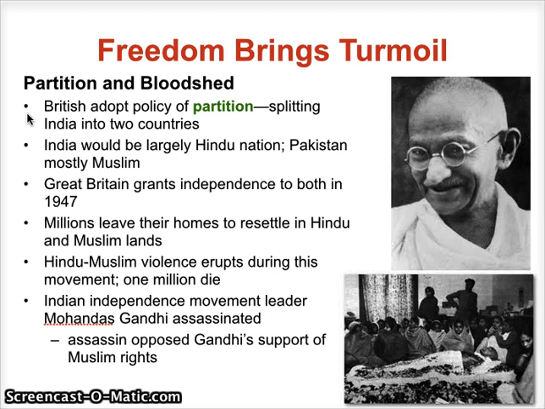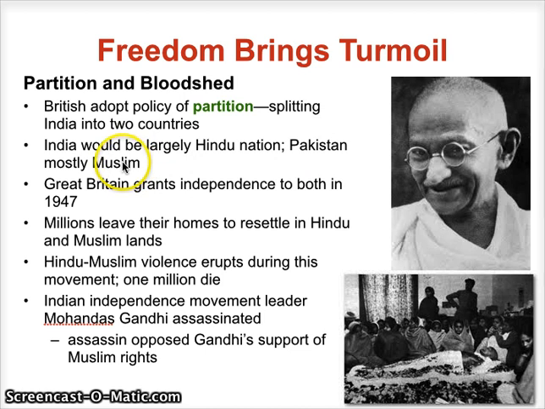So the British end up adopting a policy called partition, and this is splitting India into 2 countries. They're splitting it on the lines of religion, so the areas of Muslims would be separated from the areas of Hindus. This is how Pakistan is born as a nation.